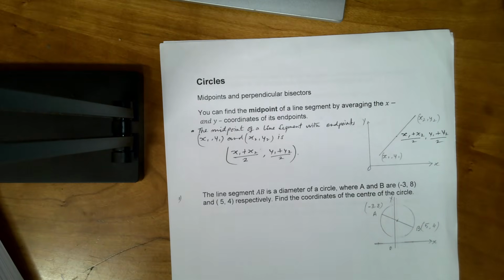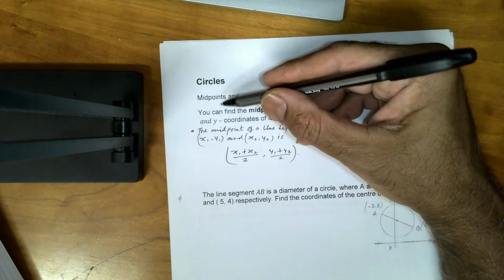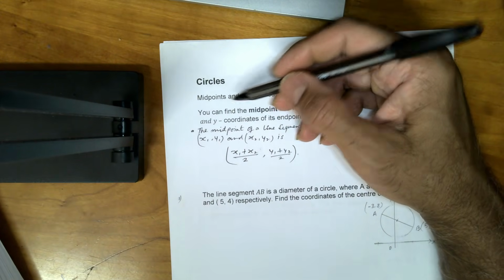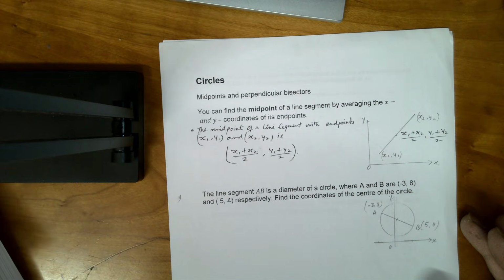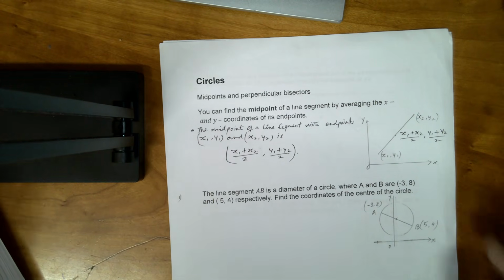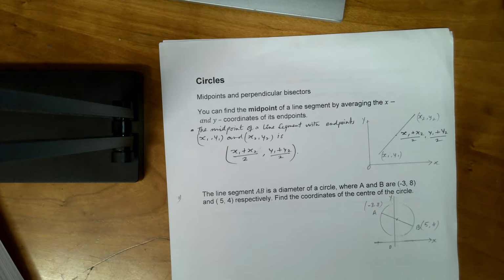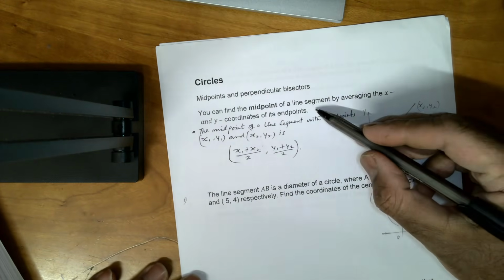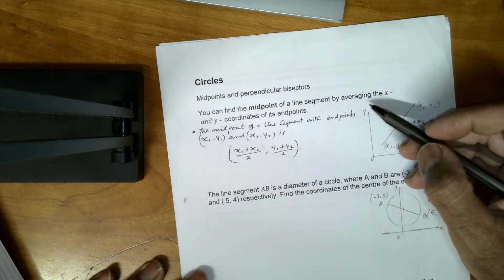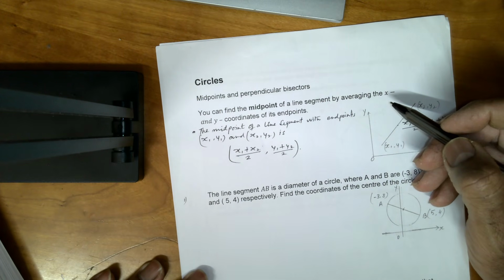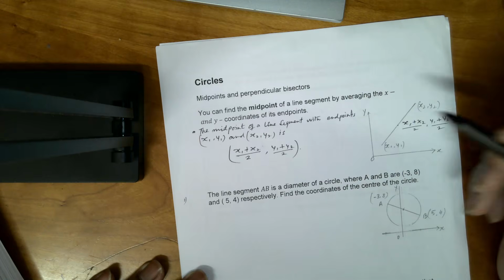So in circles, we will talk about midpoints and perpendicular bisectors. You can find the midpoint of a line segment by averaging the x and y coordinates of the endpoints.